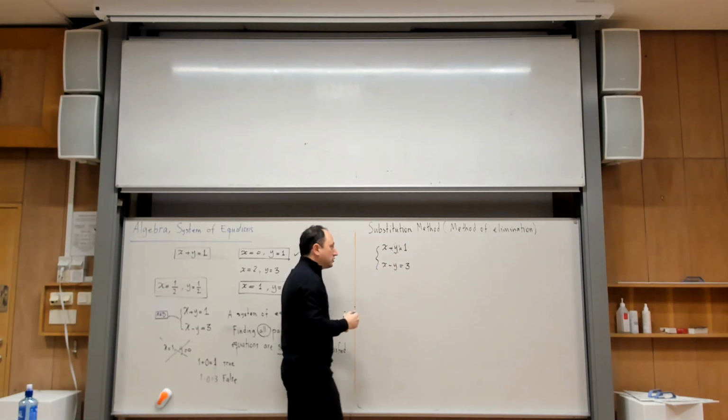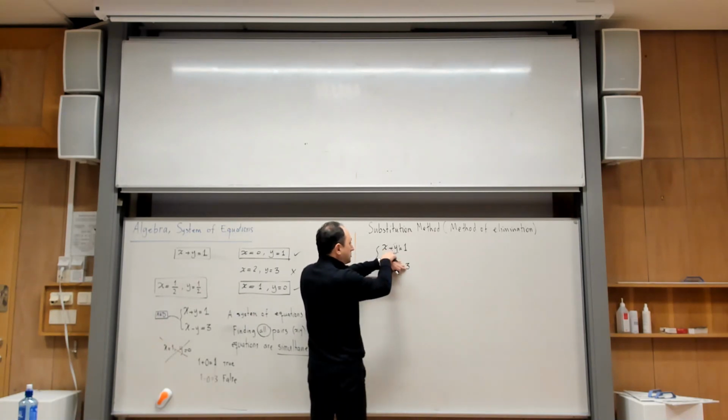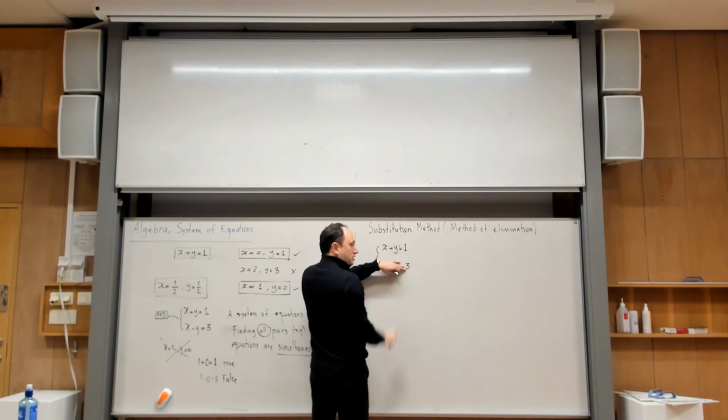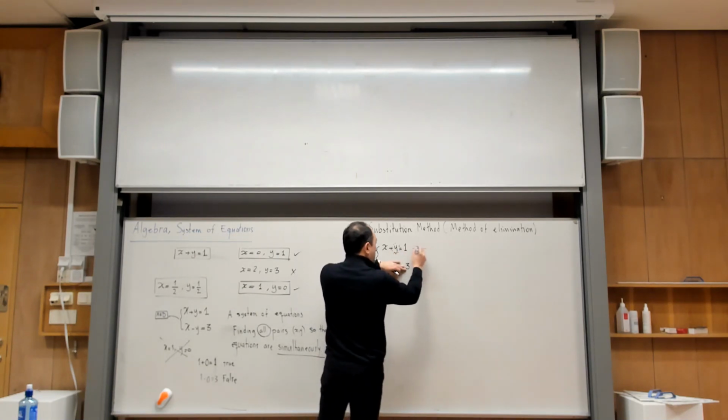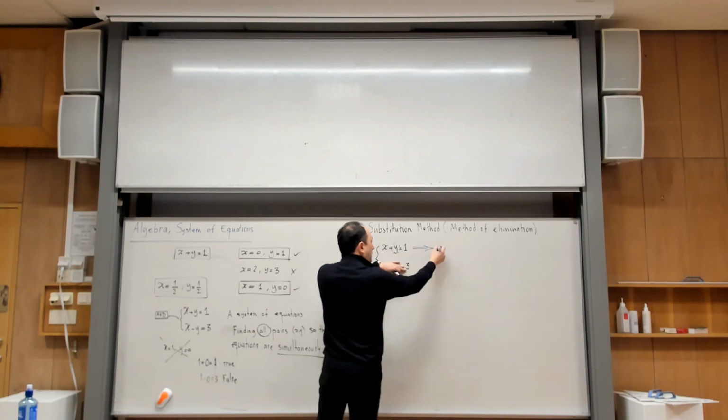So what I do, I forget about the second equation. I concentrate here, and make this the subject of my equation. Making this the subject means that I want to make that variable alone on the left-hand side. Okay, so then it becomes easy. I want to make y alone, so I keep y here.